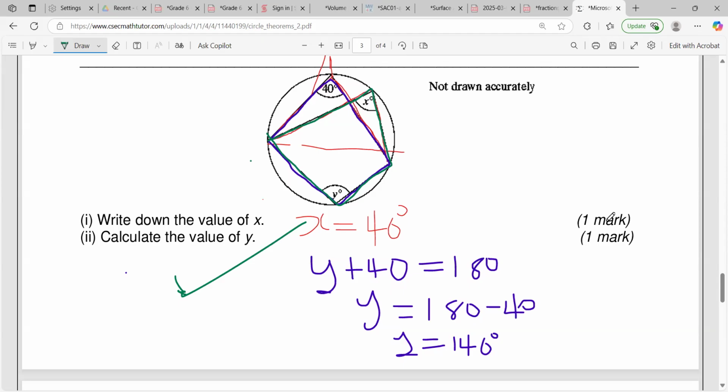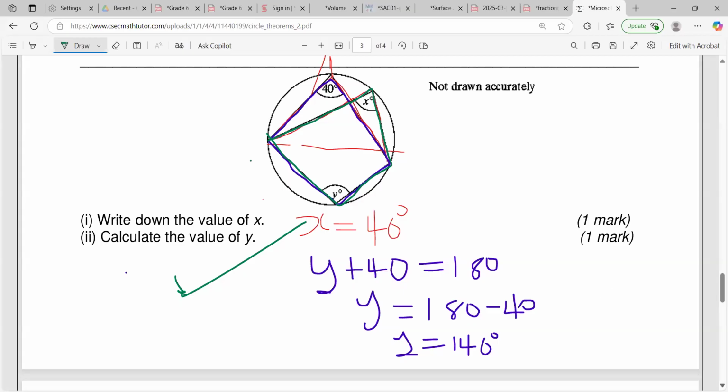Guys, you just have to look for each rule and figure out which rule you can use. Because no matter how CXC tries to make it complicated, it's always going to be simple if you know the rules and if you can identify each one of them. So then they can draw all sorts of foolishness. It doesn't matter.